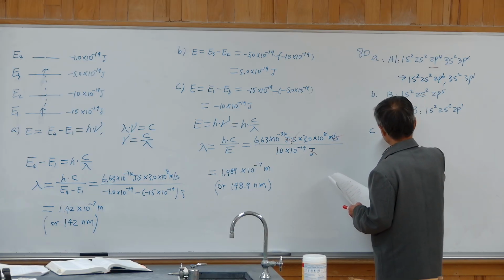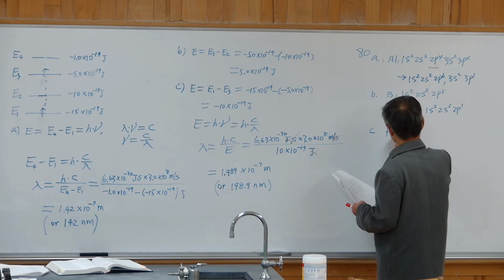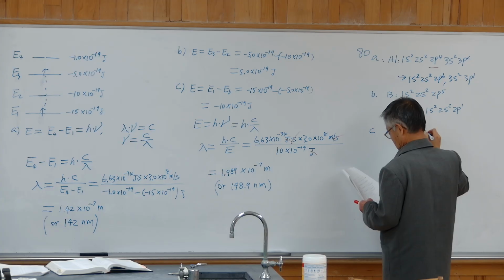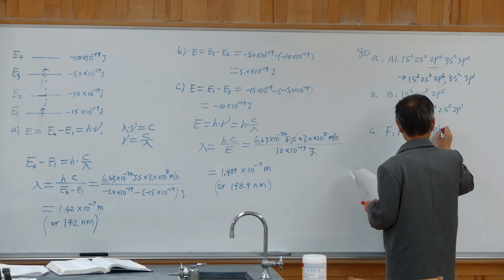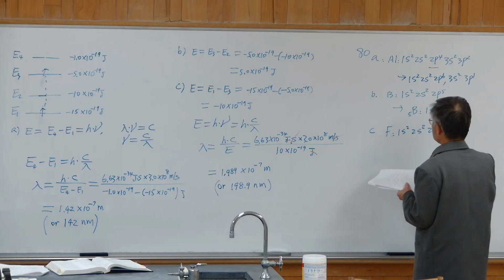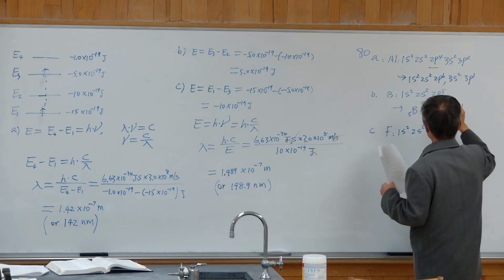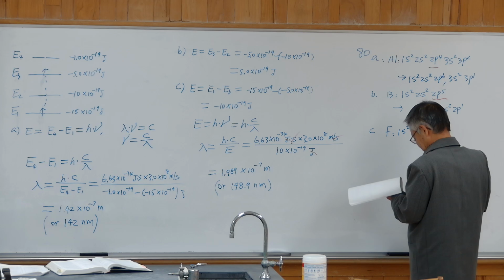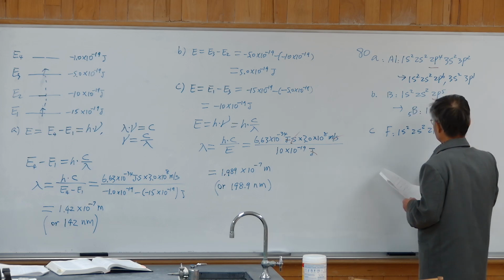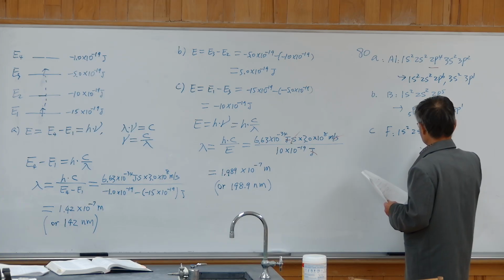Next one is fluorine: 1s2, 2s2, 2p6. Too many electrons in 2p.